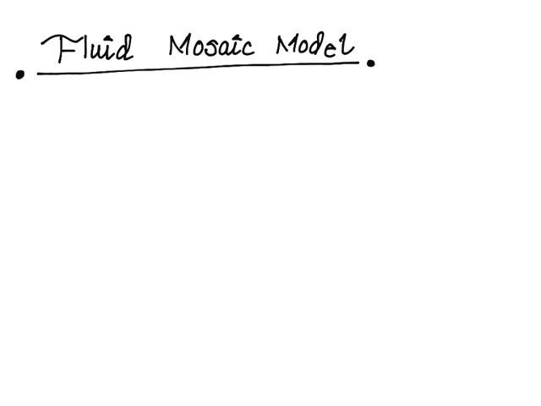So basically, the plasma membrane of a cell is described by this model, and the basic meaning of the fluid mosaic model is that the membrane has a fluid character, is fluid in nature.